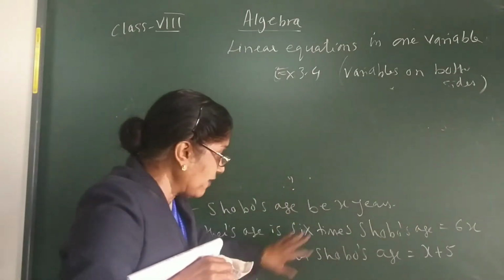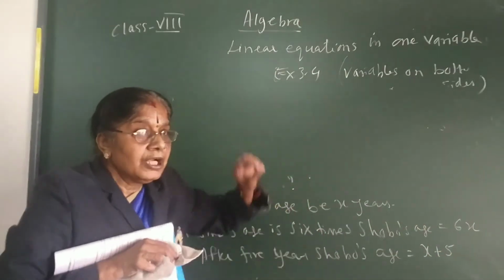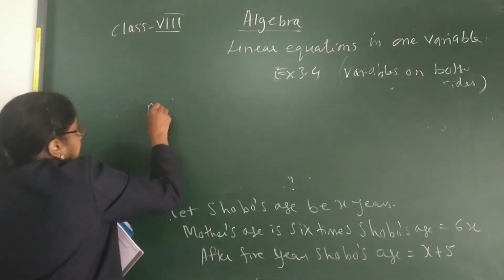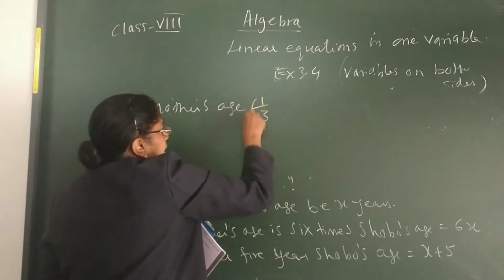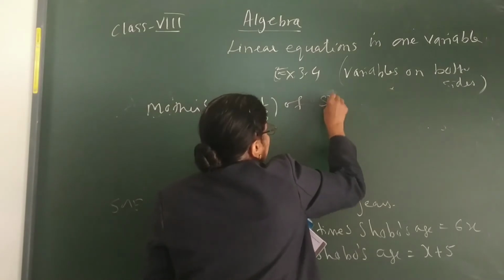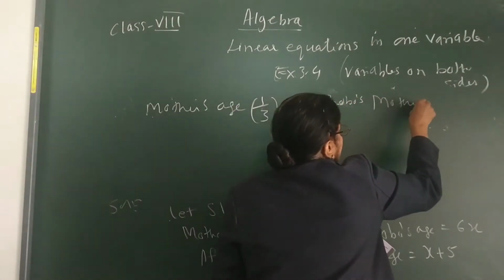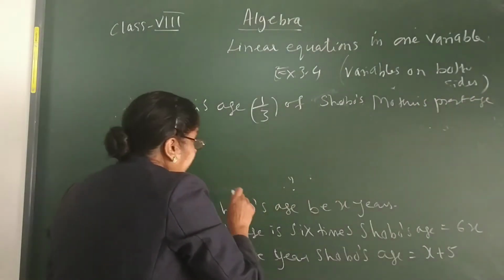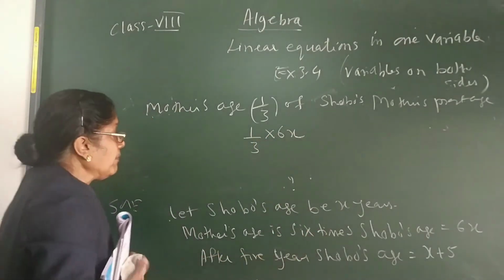If you add 5 to Shobo's age, it will be 1/3 of the mother's present age. So how much will it be? 1/3 into 6x. These two will become equal.